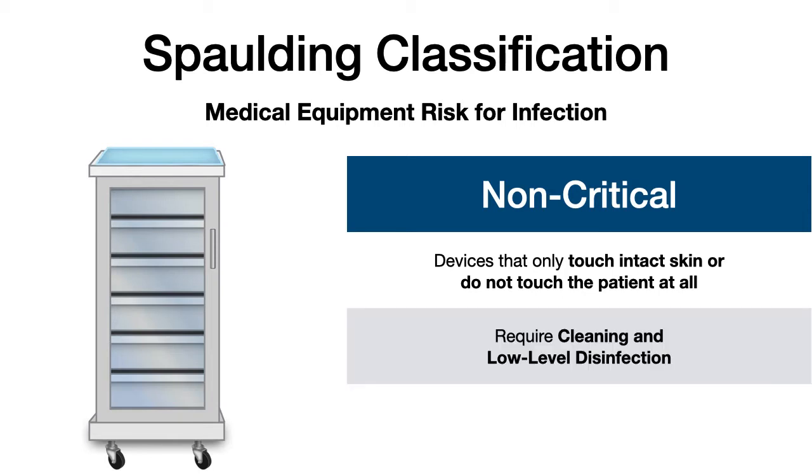And these are cleaned by using just regular cleaning and low-level disinfection. Other examples include stethoscopes, supply carts, patient beds. These are all known as non-critical items.